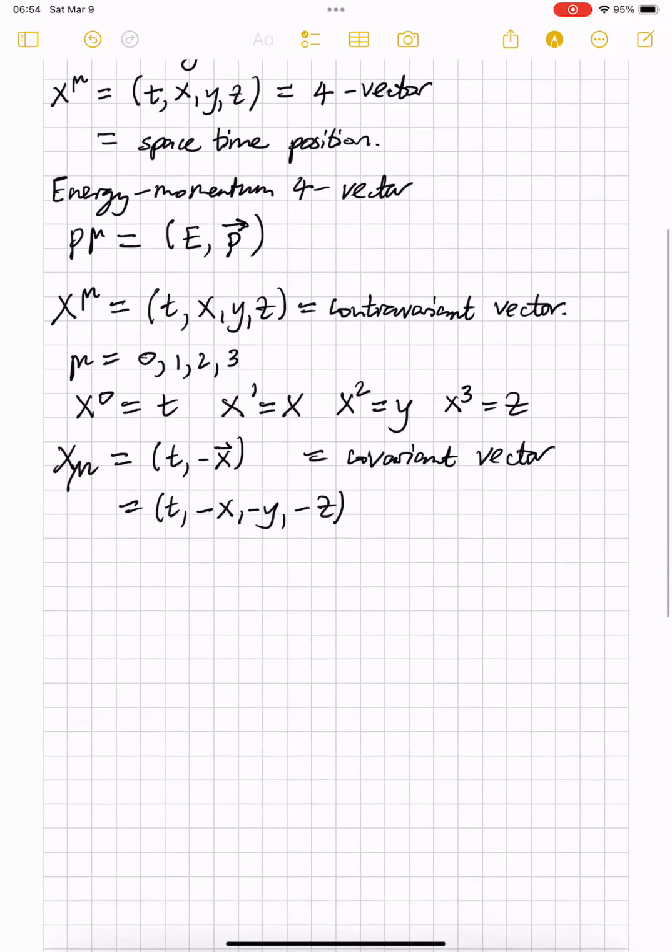If I plug in values for the indices here, x lower 0 would be t, x lower 1 would be minus x, x lower 2 would be minus y, x lower 3 would be minus z. So this is just the notation, contravariant and covariant vector.